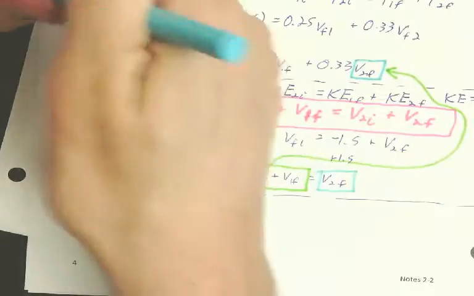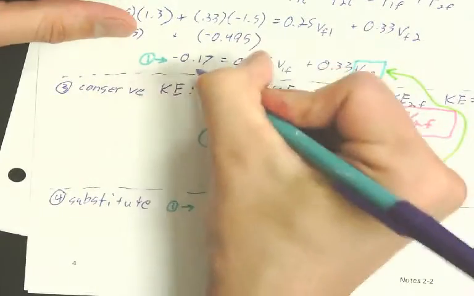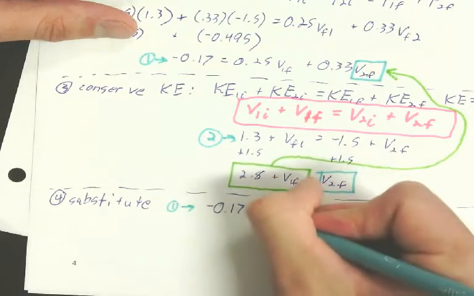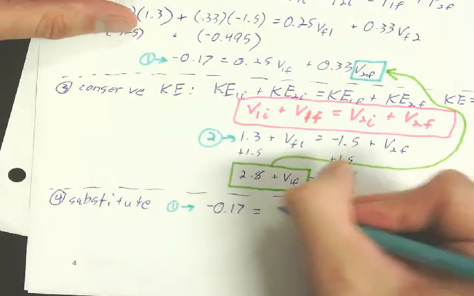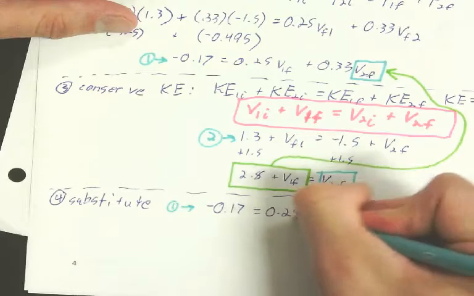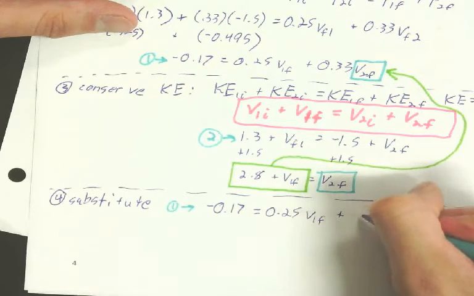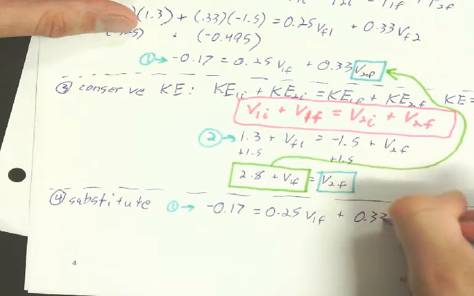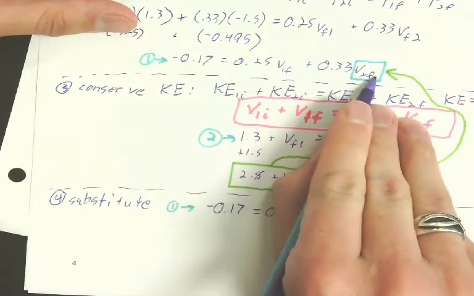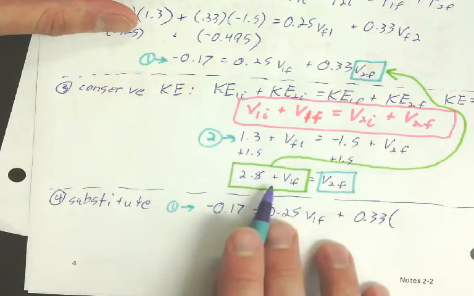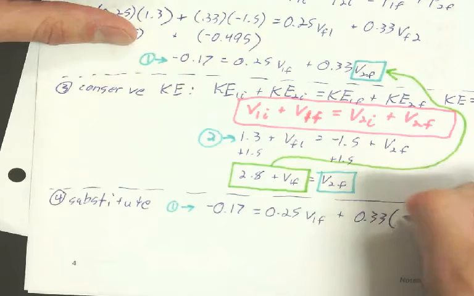Negative 0.017 equals 0.25 V1 final. So far, so good. Plus 0.33. Here's where we're going to change something. I'm not writing V2 final. I'm going to write what V2 final is. It is 2.8 plus V1 final.